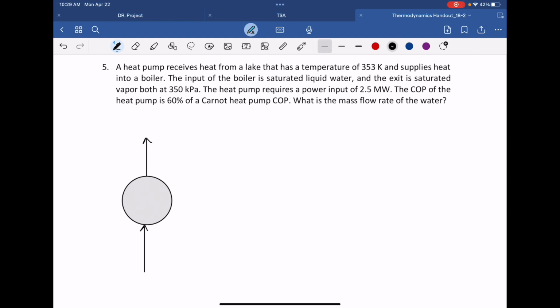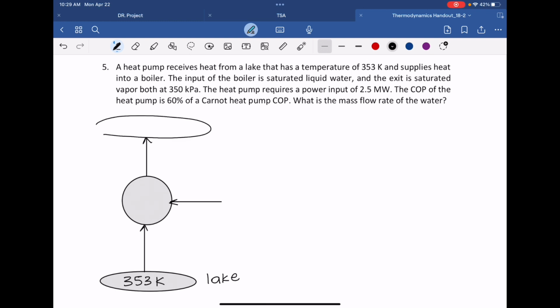Of course, it requires a work input to be able to take it from a sink that is at 353 Kelvin, the lake, and then it's dumping it back to a boiler in this case.